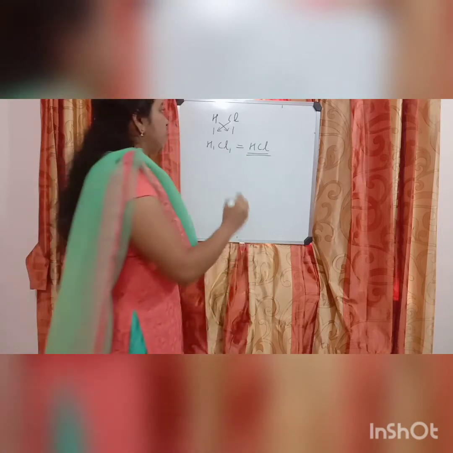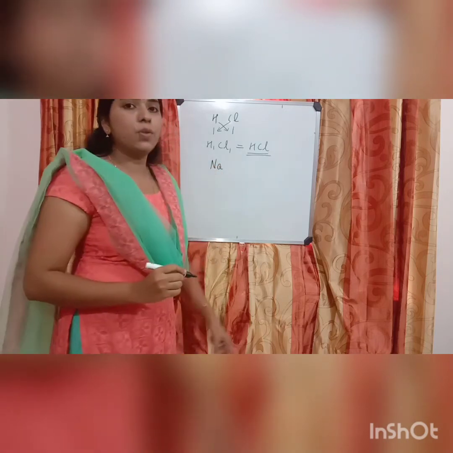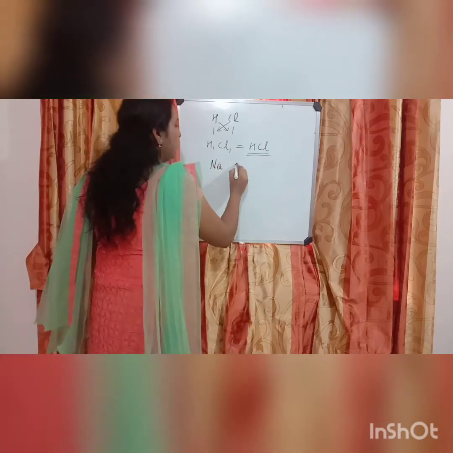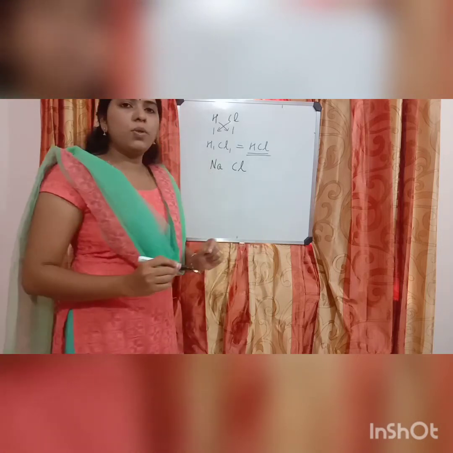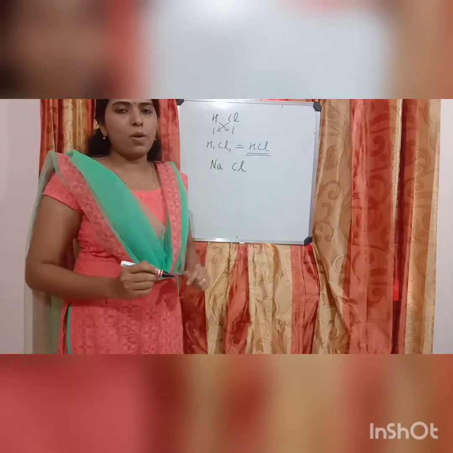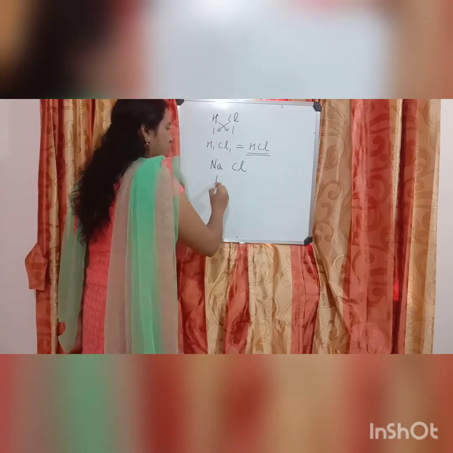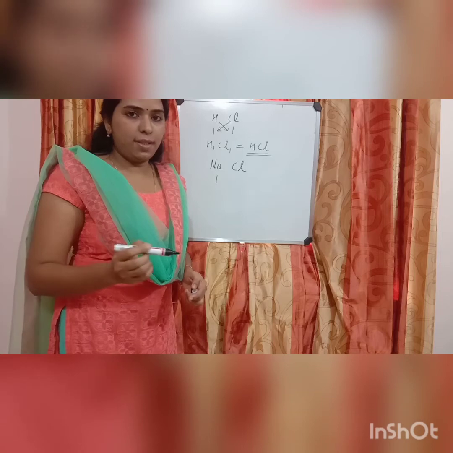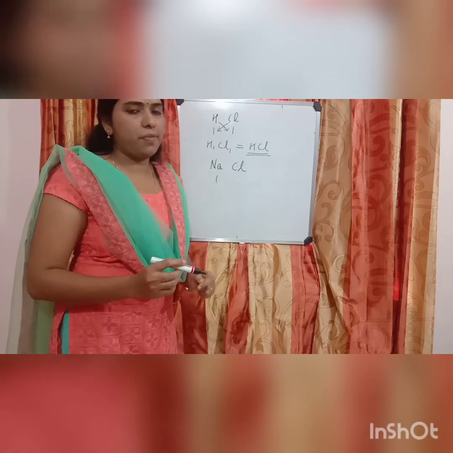Next, let us take sodium chloride. Sodium is the metal, so you have to write sodium on the left side and chloride ion on the right side. And sodium contains 1 electron in its outermost shell, so its valency is also 1. Children, in table 3.6, the valencies of different elements are given.